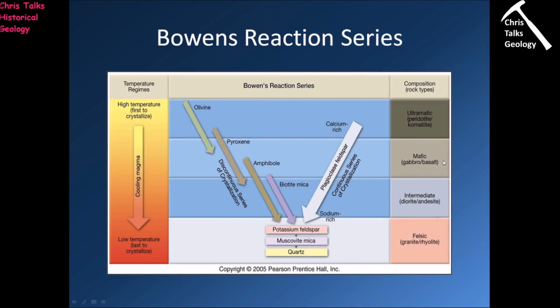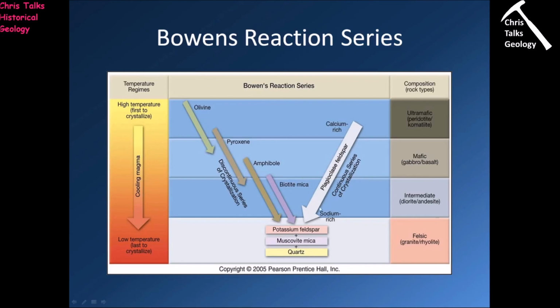For mafic magma, well, what would we expect the mineral composition to be? Well, obviously we can see we expect lots of pyroxene because the pyroxene arrow fills the entire field. Lots of plagioclase feldspar, more at the calcium end of the scale. A little olivine, maybe some amphibole, and maybe a tiny, tiny amount of biotite. Intermediate magmas, well, what would we expect in those?